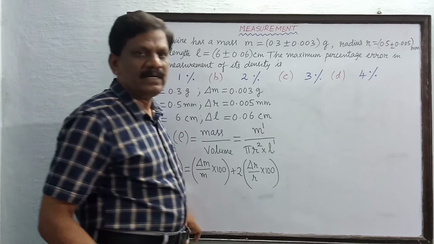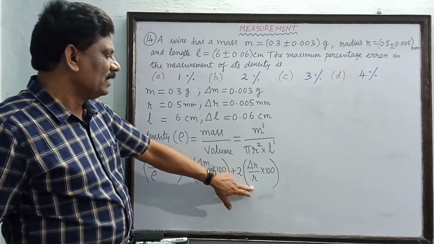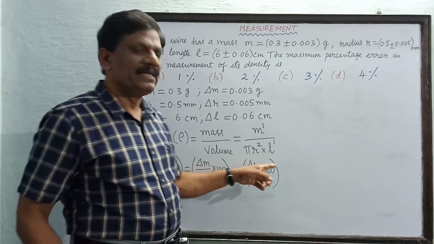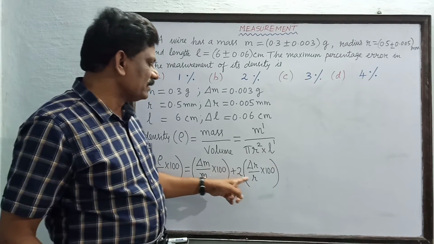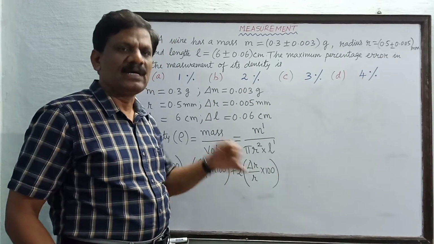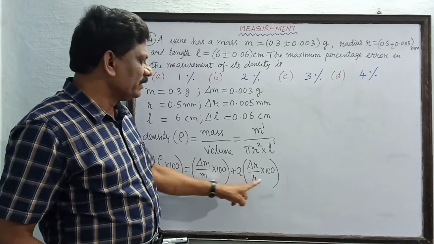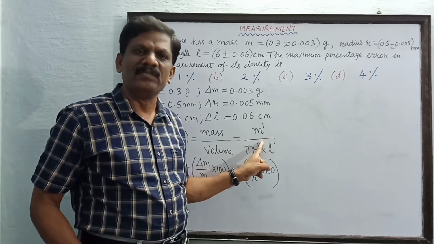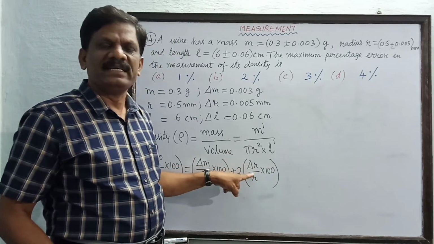We have already studied dimensional analysis and its applications. We have studied how to calculate the errors: if any quantity is raised to the power n, then the percentage error is n times the percentage error in the quantity.